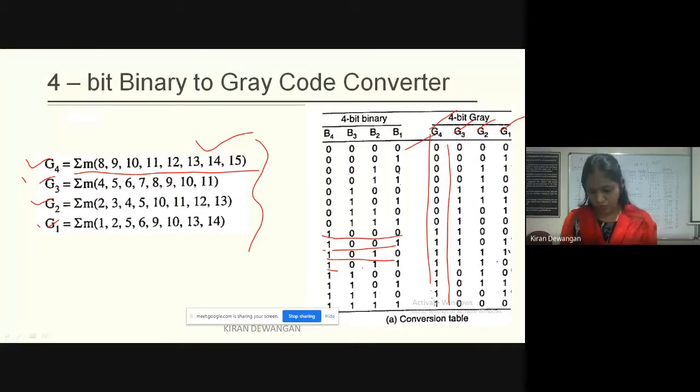So in the 4-bit output, we'll be getting 4 bits, G4, G3, G2 and G1. तो हमें ये पता करना है कि all these 4 bits are going high for what combinations of B4, B3, B2 and B1.